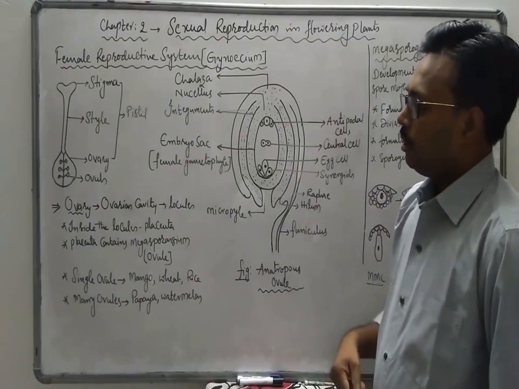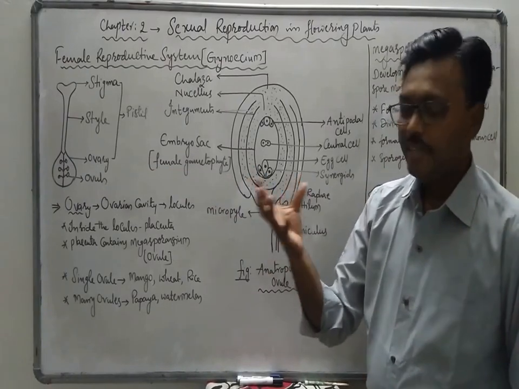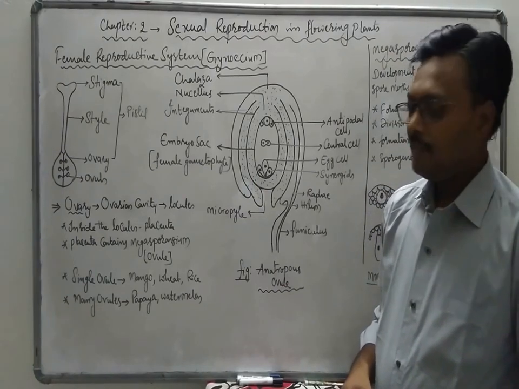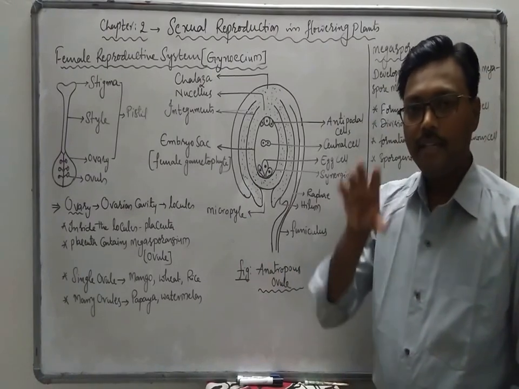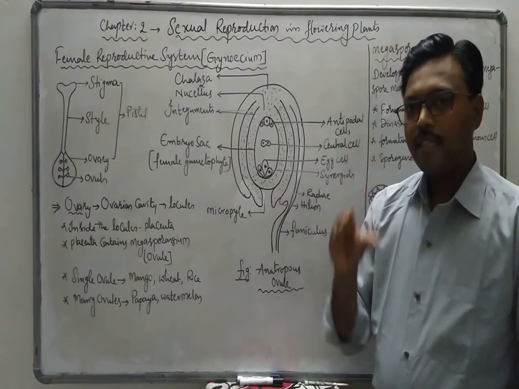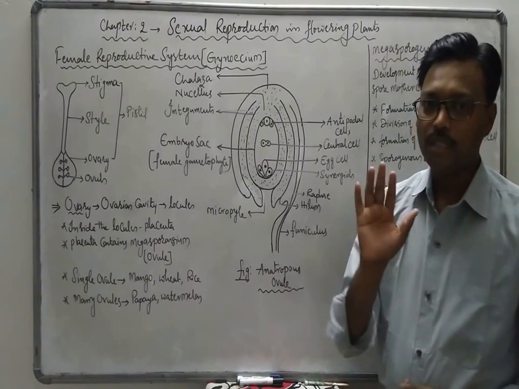Now inside the ovary, if you observe, the ovarian cavity is there. The ovarian cavity is called the locule, and inside the locule the specialized part called the placenta is there, where the ovules are attached.